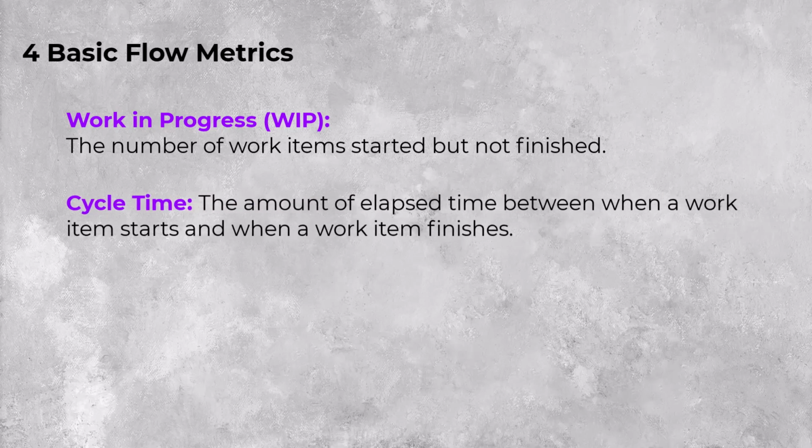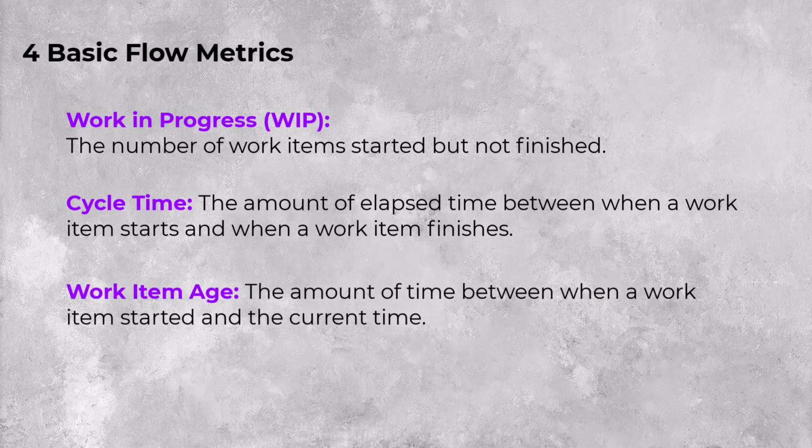Cycle time, the amount of elapsed time between when a work item starts and when a work item finishes. Work item age, the amount of time between when a work item started and the current time. This applies only to items that are still in progress.